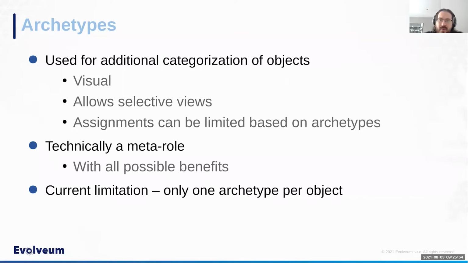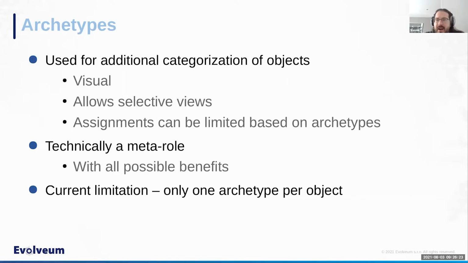When you have roles, it can be, for example, business roles or API roles or just roles for creating accounts. And you can use archetypes to define these different categories. Again, it's an additional way to add categories, to bring more clarity into your configuration, to make it easier for all the administrators to understand what's happening there.